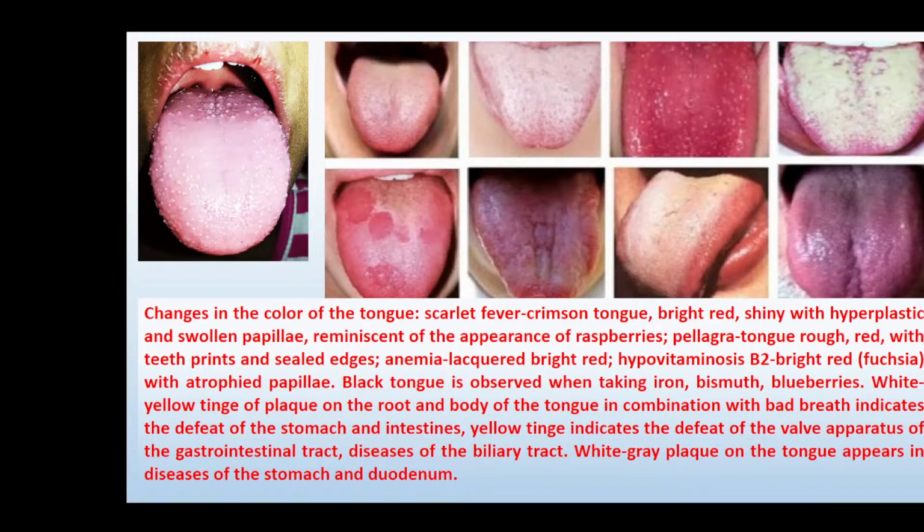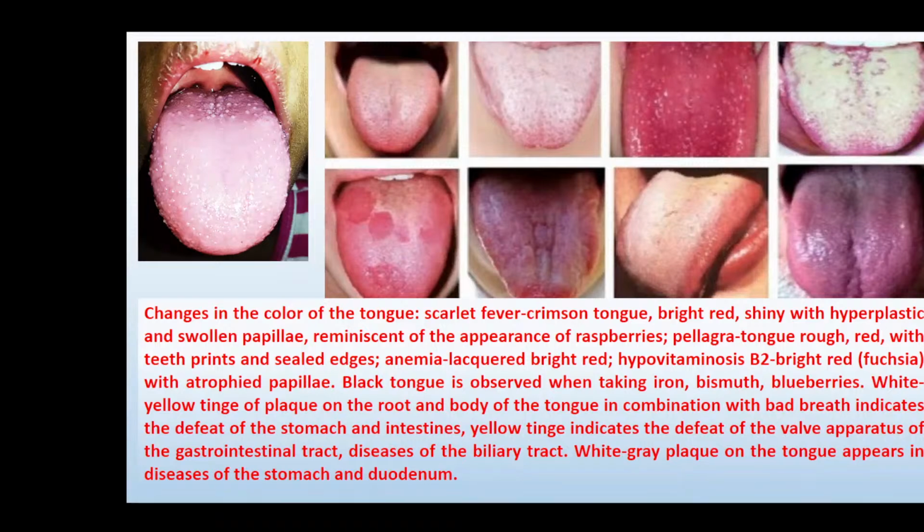Pellagra: tongue root red with teeth prints and sealed edges. Anemia: less quite bright red. Hypervitaminosis B2: bright red, fuchsia with atrophied papillae.